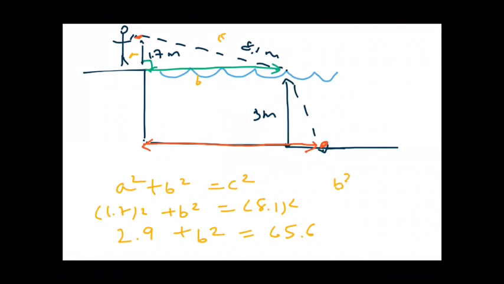Then you subtract 2.9 from 65.6, which gives you 62.7. You take the square root of 62.7, and you get B equaling 7.91. So that is what our side is equal to.